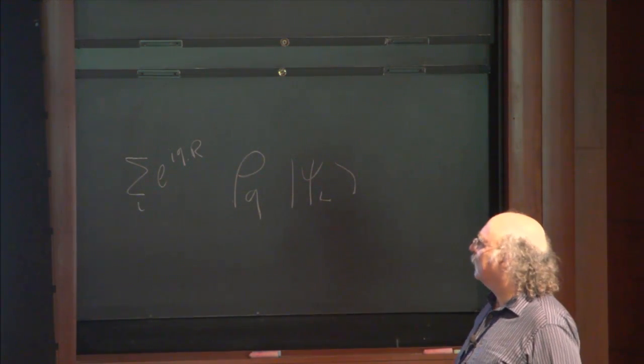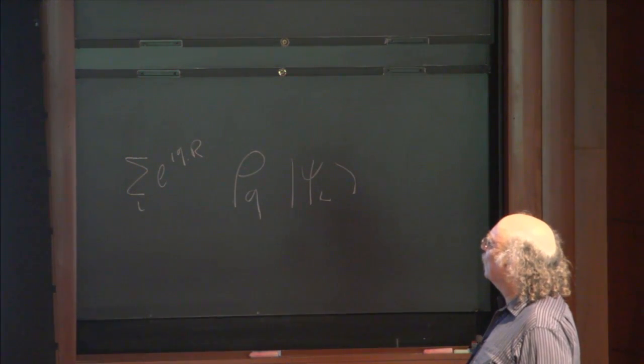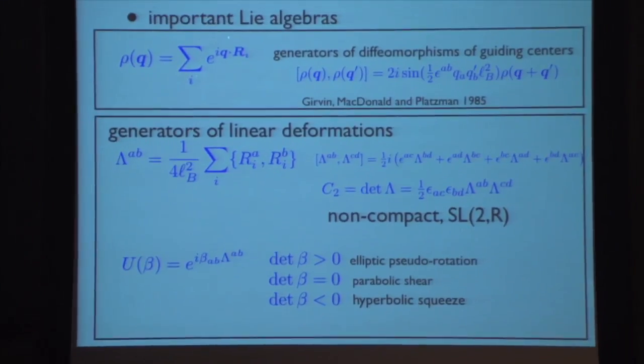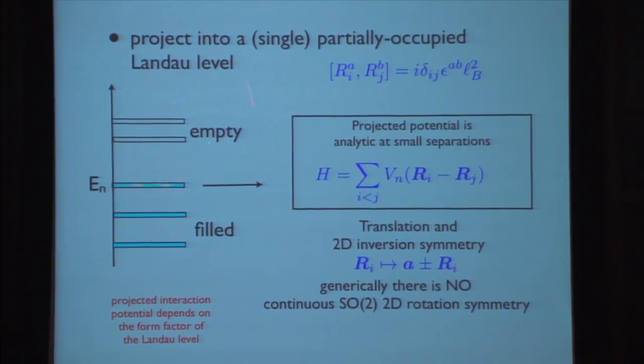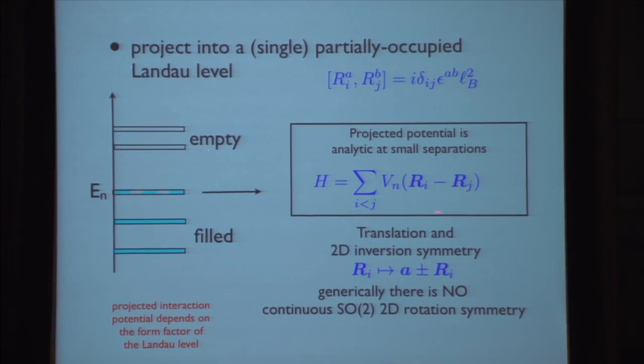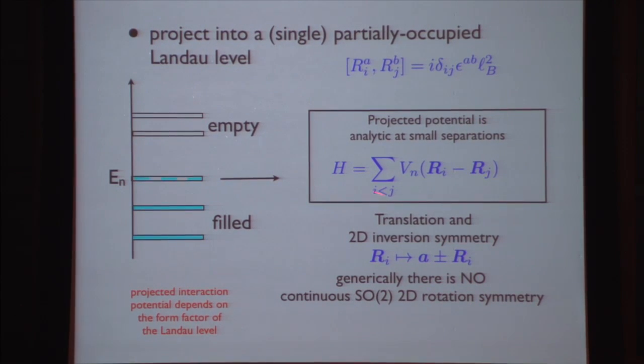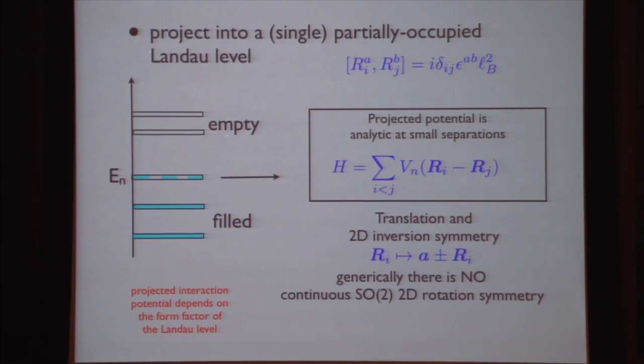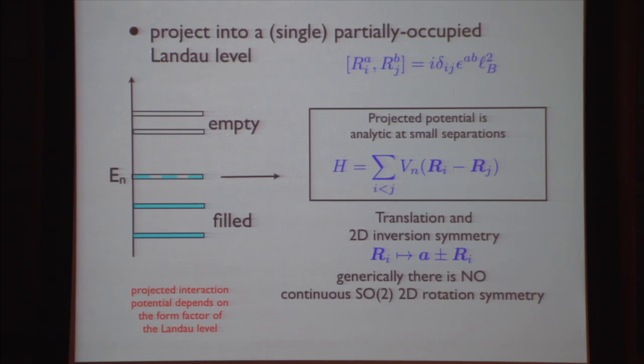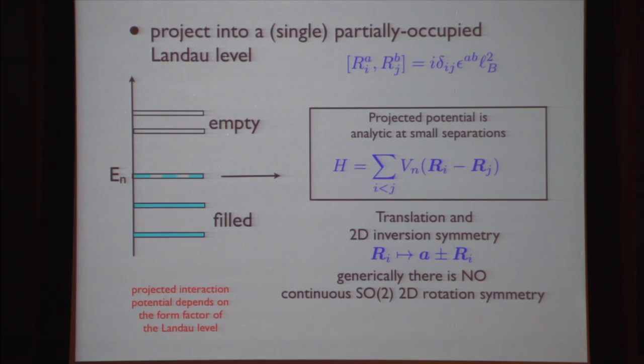The inversion symmetry is actually something you get even if the underlying system, once you've projected into a Landau level and the particles are all the same, you can't avoid having inversion symmetry. You get it just because it's a two-body interaction between identical particles. Now, if you take a three-body interaction, it doesn't have to have inversion symmetry because there's a complex part.